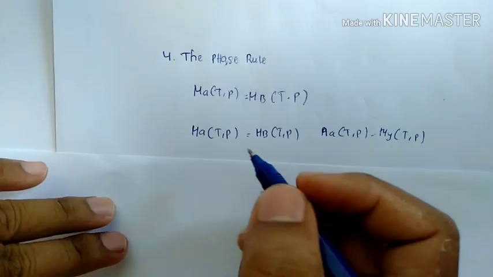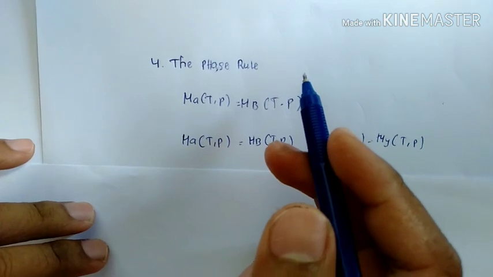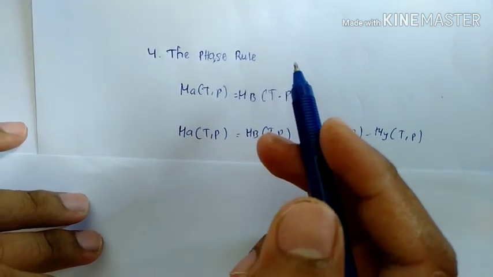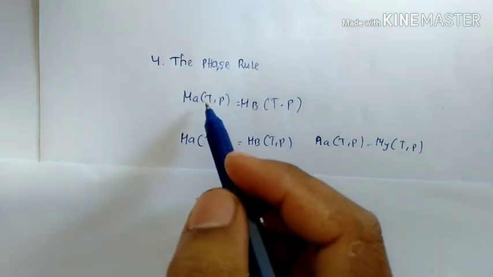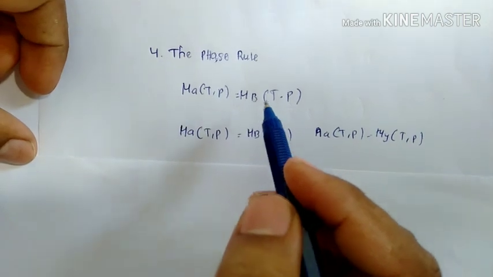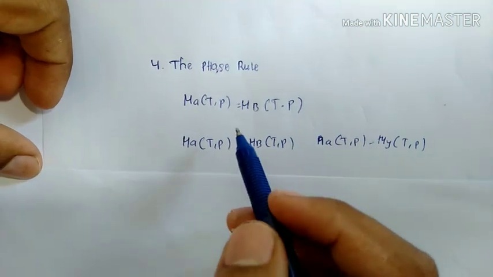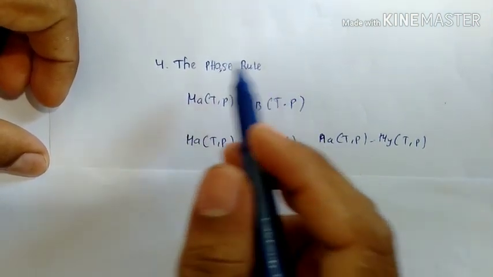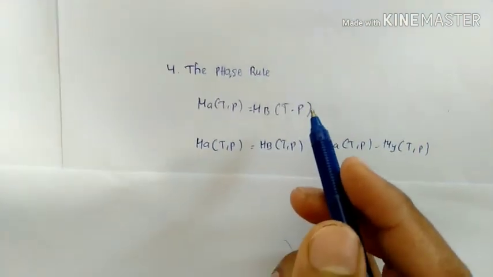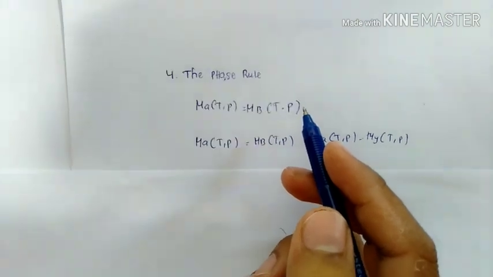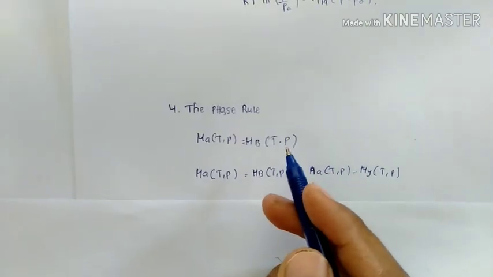We will use the fourth effect, the phase rule. The coexistence of two phases in equilibrium implies the condition μ_A(T,P) equals μ_B(T,P), which means that the two intensive variables ordinarily needed to describe the state of a system are no longer independent, but are related because of the relation.